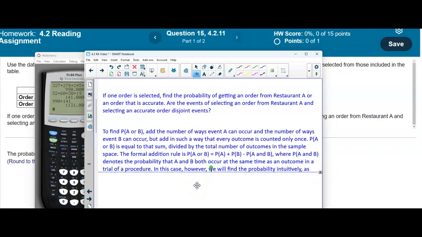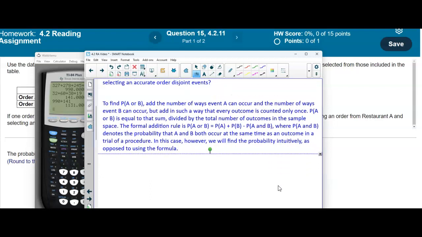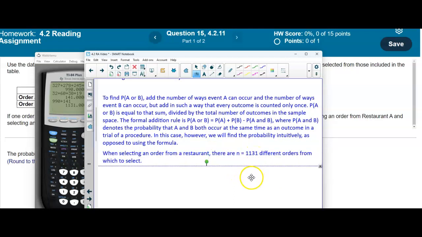The formal addition rule is the probability of event A or B is equal to the probability of event A plus the probability of event B minus the probability of event A and B, where the probability of event A and B denotes the probability that A and B both occur at the same time as an outcome in a trial of a procedure. But in this case, we're just going to find the probability intuitively as opposed to using the formula.